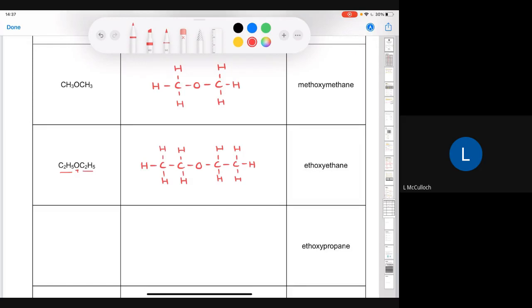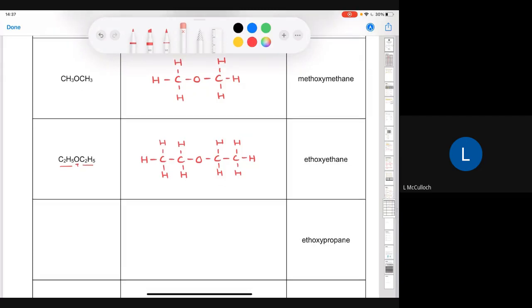For our next one, we're just given the name of ethoxypropane, and we're not given the shortened structural formula. So in this instance, probably best to look at our name. So we've got propane as the longest chain, so that tells us 3 carbon atoms in the chain. You can draw these whichever way around you like.